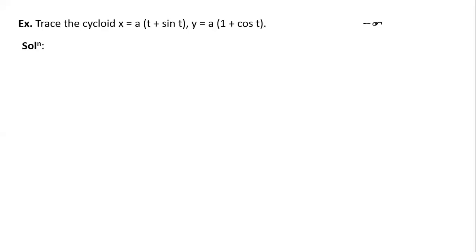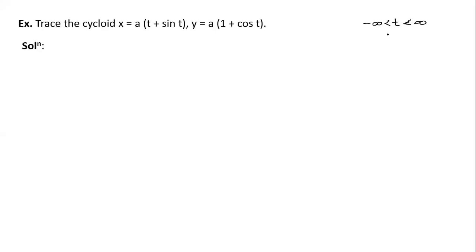So minus infinity less than t less than infinity. I am saying t less than infinity, I am not saying t less than or equal to infinity, because t can be as large as possible but not equal to infinity. Means any finite positive real number, and from the lower end any finite negative real number. So any finite real number, not equal to infinity.